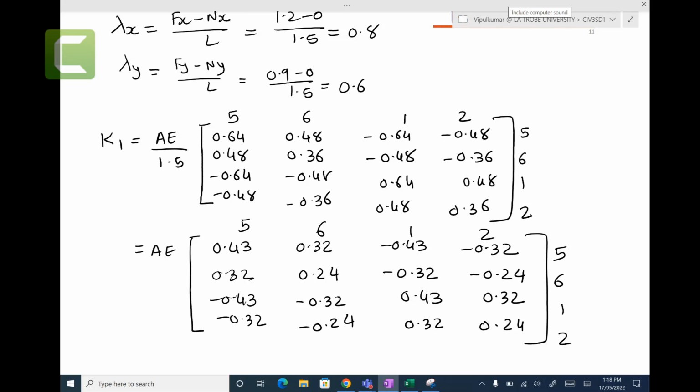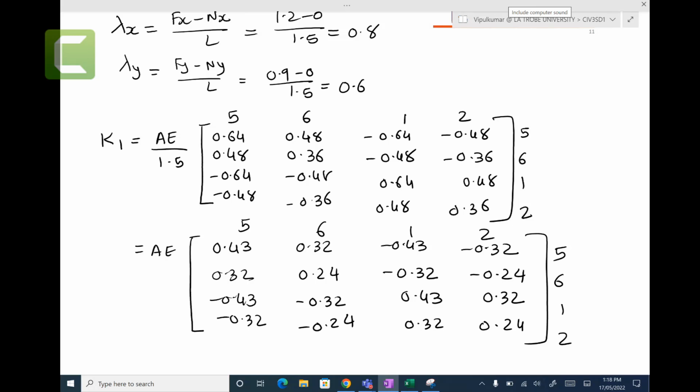Since we've been given the area and the Young's modulus, wouldn't it be better to plug them in? Not right now, as it may cancel. When you have a displacement and you invert the matrix, they will cancel each other. If I plug it in now, it will be extra work for me. No problem if you'd like to do it.